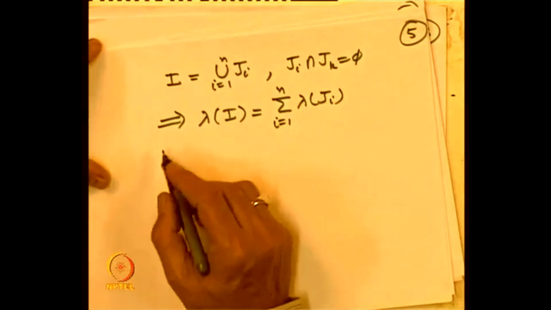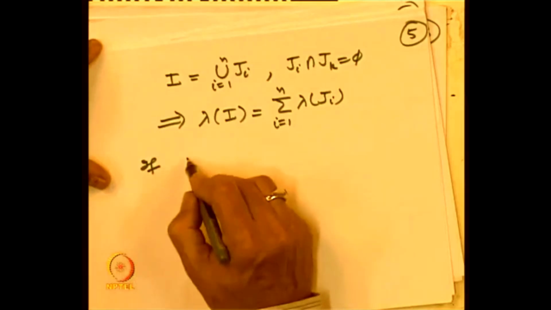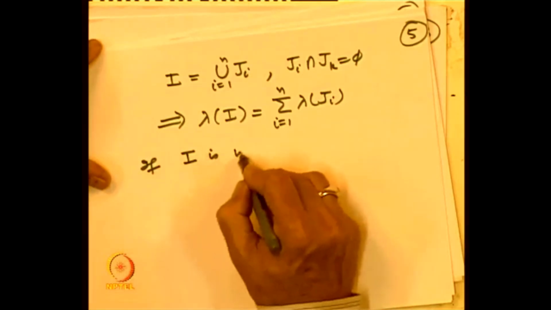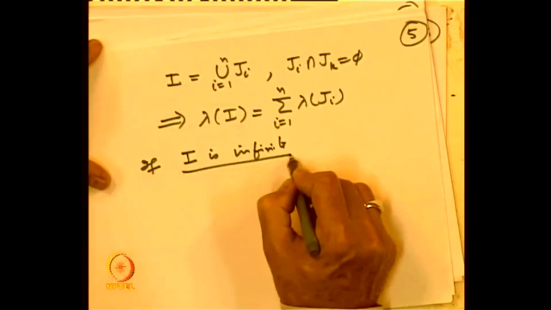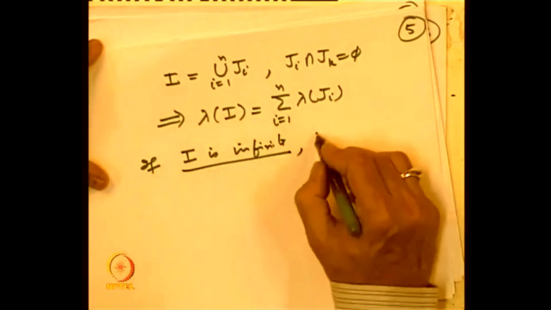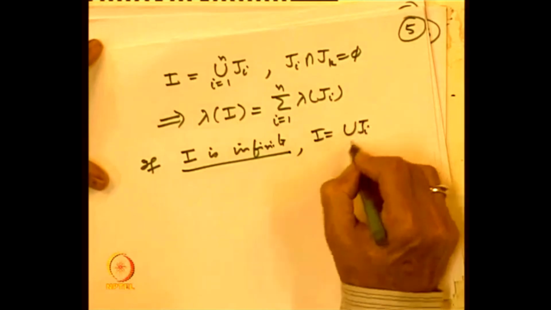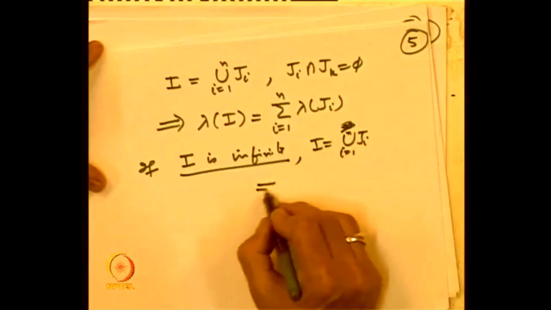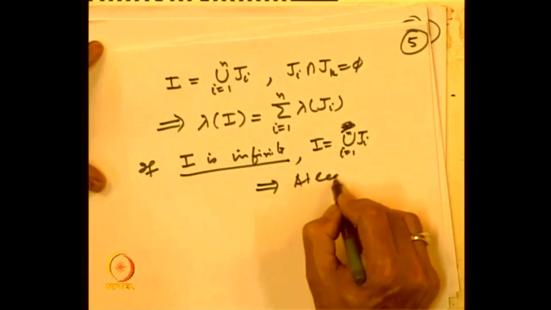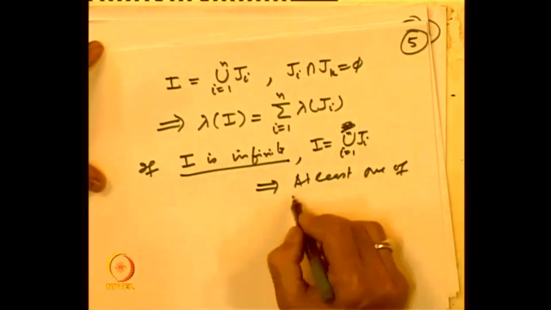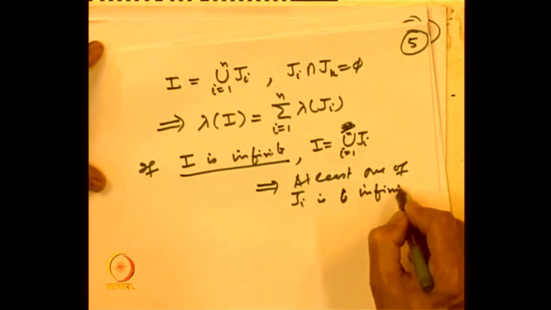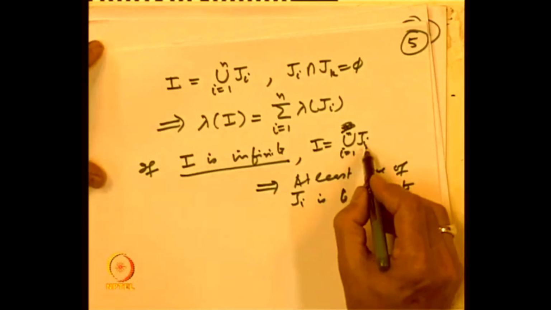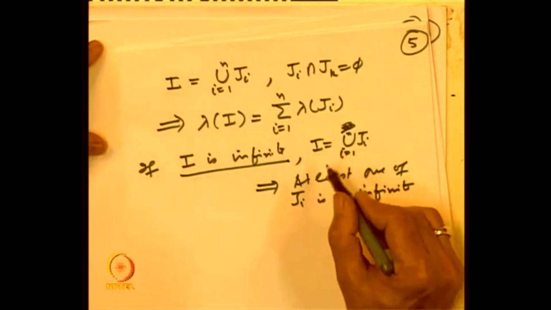So let us assume I is infinite and I is equal to the union of J_i's, 1 to n. Then that implies at least one of the J_i's is infinite, because if all of them are finite intervals, their union will again be a finite interval.